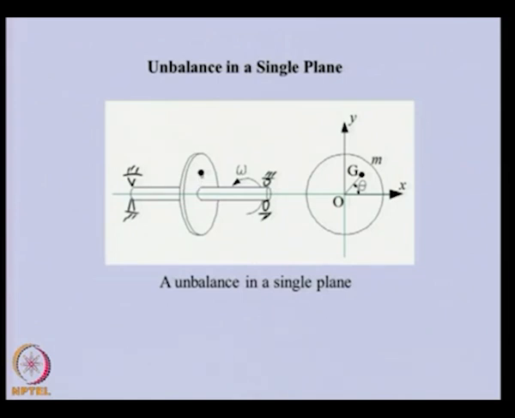Generally, this eccentricity from O to G will be of the order of microns in actual rotors. In this case, because of the geometry of the rotor, we can balance this rotor by a single plane itself, because most of the unbalance is in this plane itself.